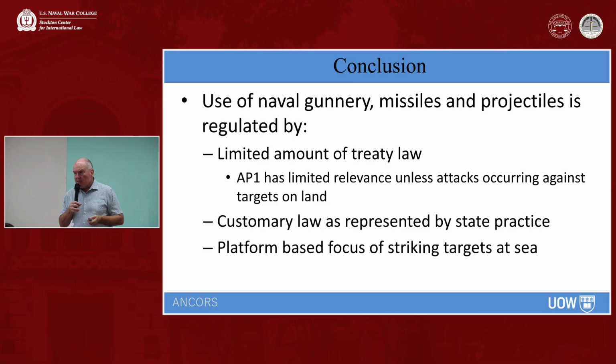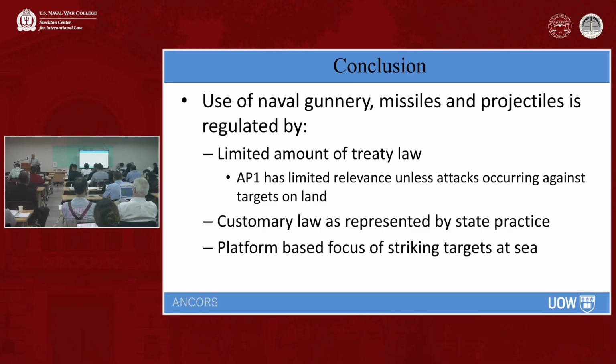State practice is also another area that can be used to work out what might be the limits on using missiles.